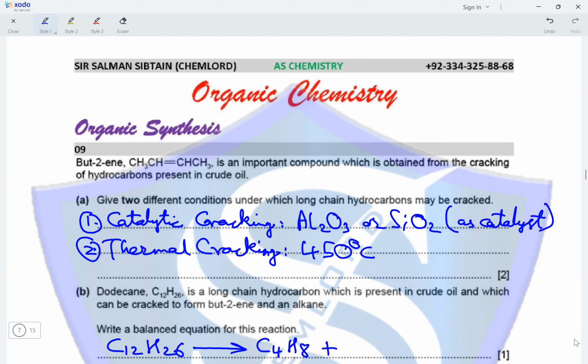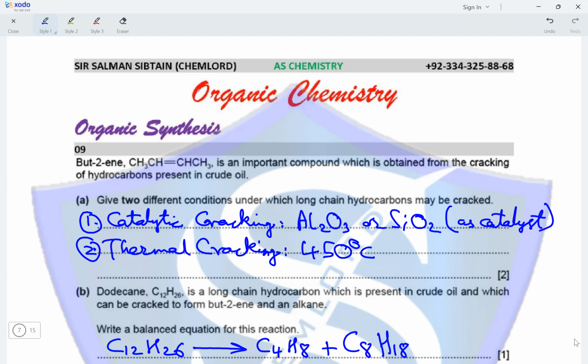So if C4H8 is removed from C12H26, what remains is 12 minus 4 is 8, C8, and 26 minus 8 gives us H18. So C8H18 is octane, which is a component of petrol.